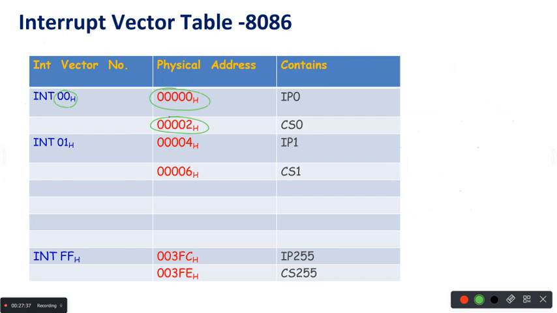Have you understood this? Okay. Similarly, for interrupt 1, your instruction pointer points to 00004. Now, what is the code segment? Code segment is 00006. That means the interrupt service routine of interrupt 1 is available in this code segment and this instruction pointer.